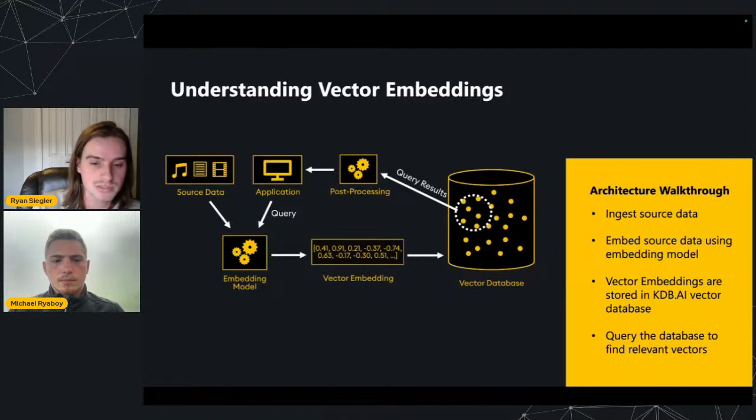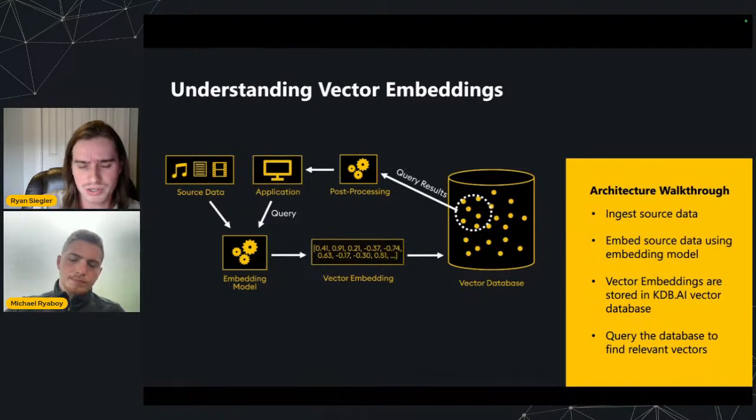It's interesting because that vector embedding represents the semantic meaning of the original data, not just the keywords in it, but the actual meaning of what is being said within the original data. Then that vector embedding is stored in the vector database. At this point, we can do retrieval: the user asks a question, we retrieve the most relevant data based on semantic meaning, and return that to our LLM or to our user, depending on our use case. That's the core foundation of how a vector database works.